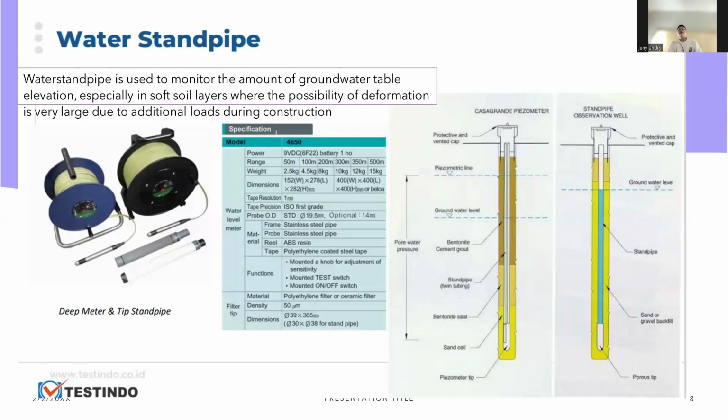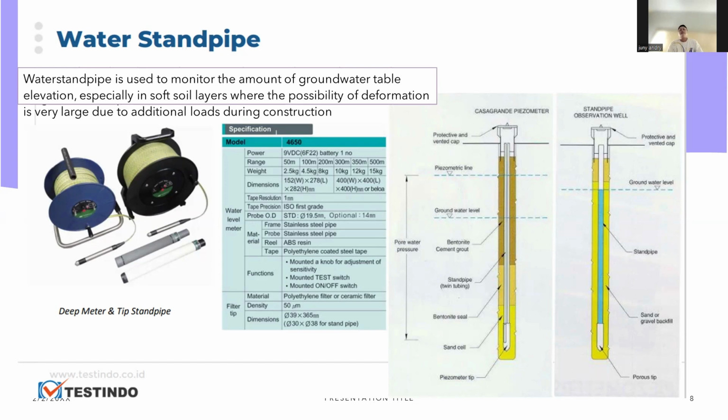Water standpipe. This is a picture of a water standpipe. The water standpipe is used to monitor the water table elevation, especially in subsoil layers where the possibility of deformation is very large due to additional loads during construction.